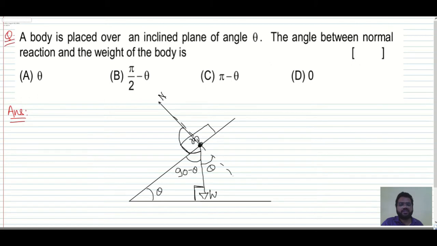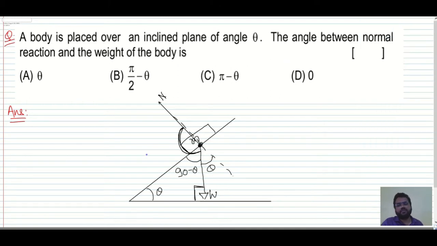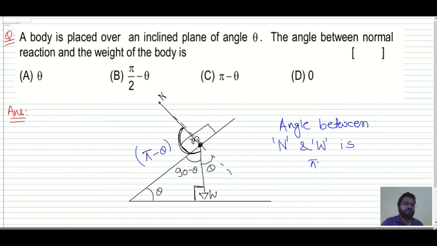That is what we required, isn't it? So this angle we have, and that is 180 minus theta, that is pi minus theta. So angle between normal N and weight W is pi minus theta, as you can see over here, and option C is the correct option for the given question.